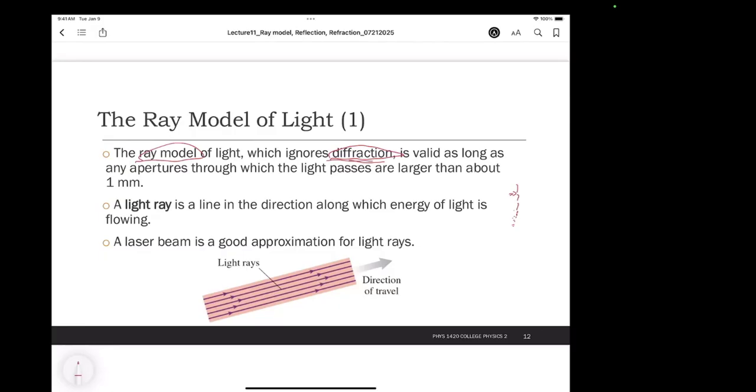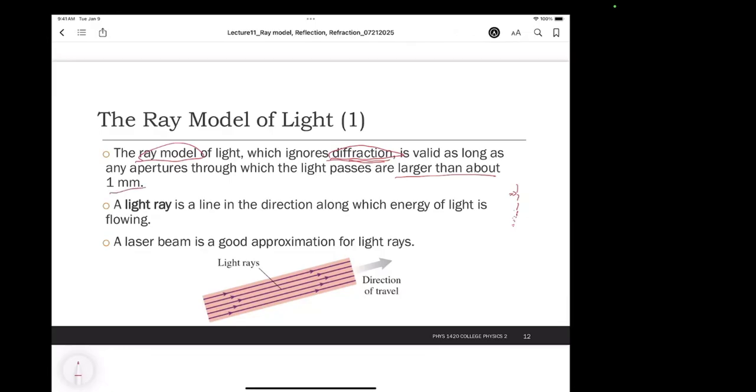It's called diffraction. But the ray model of light, which ignores diffraction, is valid as long as any apertures through which the light passes are larger than about 1 millimeter.